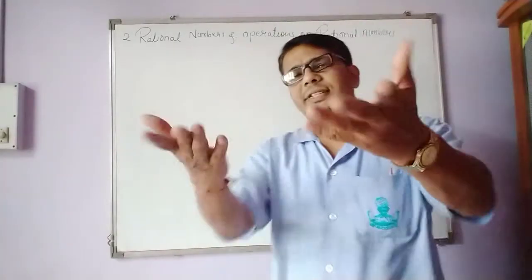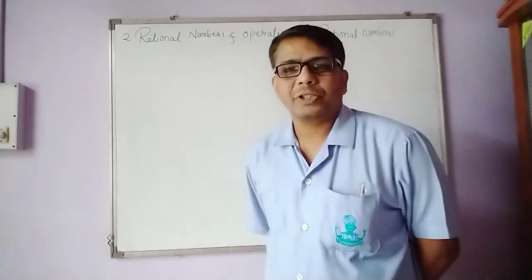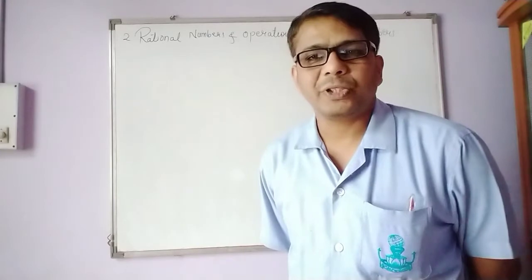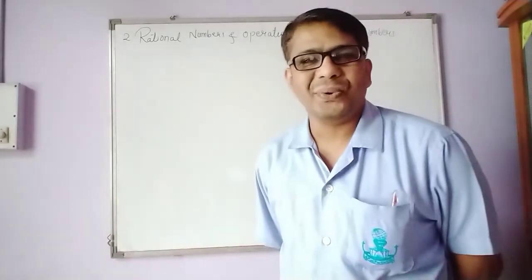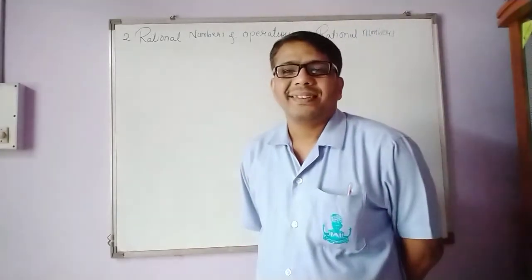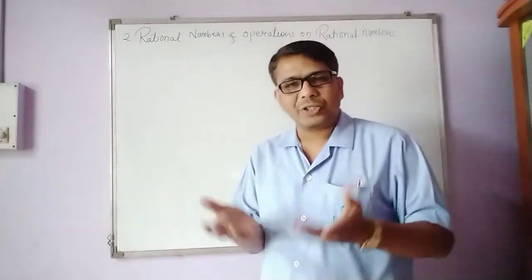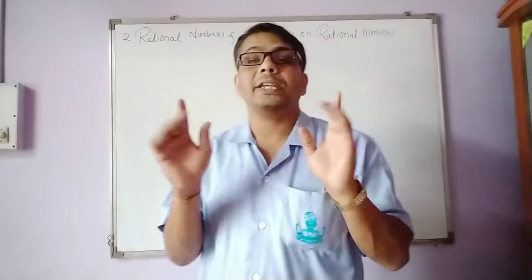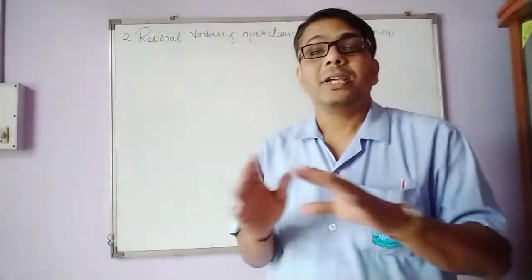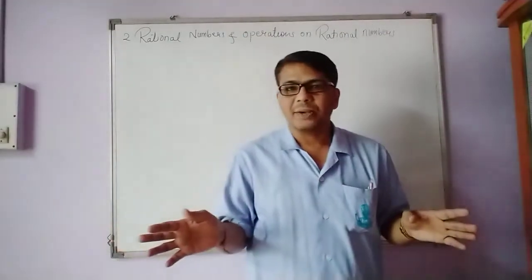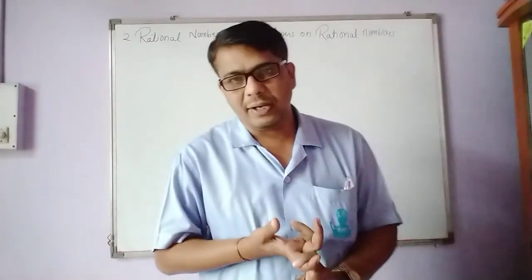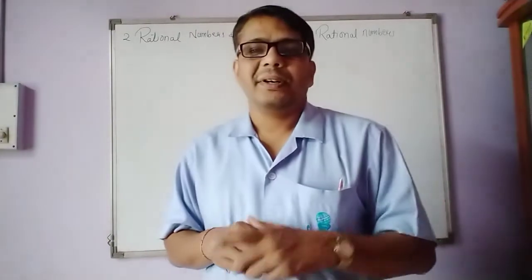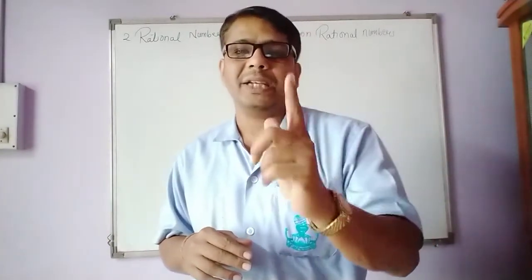Then tell me the greatest possible rational number. Is it possible? No. Why? There are infinite rational numbers, and hence we cannot tell the smallest possible rational number or the biggest possible rational number.